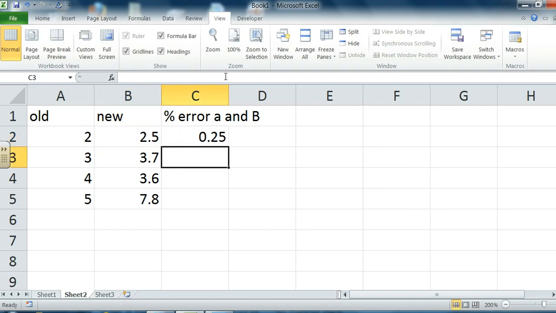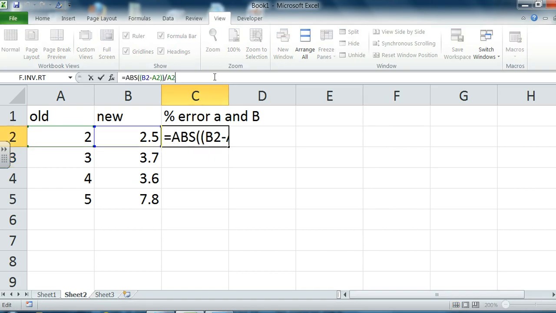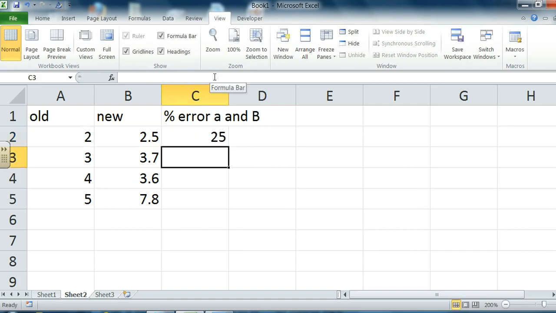And then I'm going to hit return. And then I'm saying, well, it's not really 25.25%. So I'm going to have to go back and multiply by 100 to get a percentage. So it's 25% error.